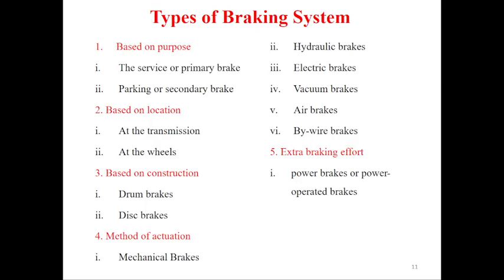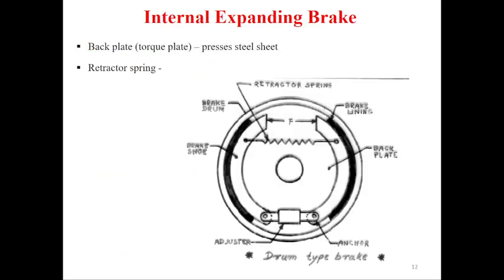Based on the construction, there are drum brakes or disc brakes. Based on the method of actuation, there are mechanical brake, hydraulic brake, electric brake, vacuum brake, air brake or by-wire brakes. And last, when extra braking effort is required, there is the power brake or power-operated brake.